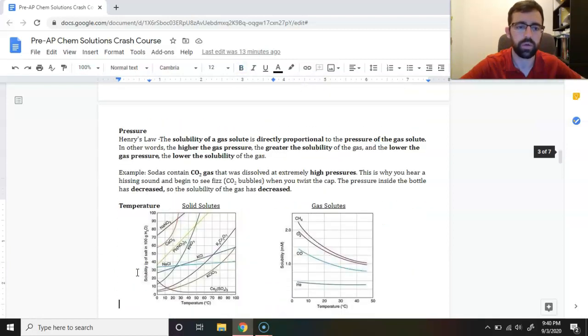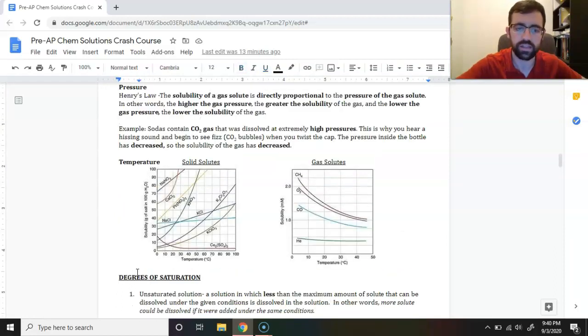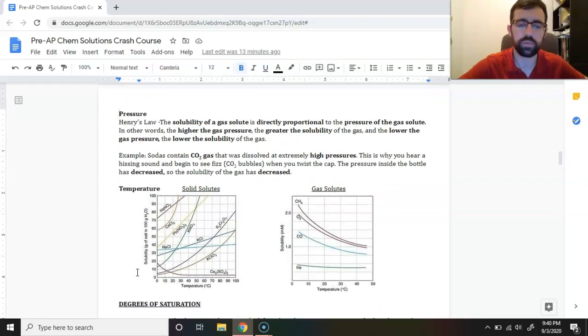Let's look at how pressure affects solubility in a little more detail. Henry's law says that the solubility of a gas solute is directly proportional to the pressure of that gas solute. In other words, the higher the gas pressure, the greater the solubility of the gas. And the lower the gas pressure, the lower the solubility of the gas. So what this really means is if you want to dissolve gas in a mixture, you have to do that at high pressures.